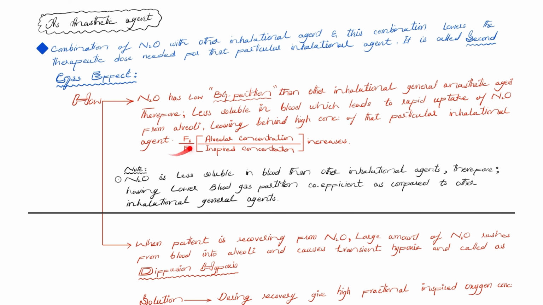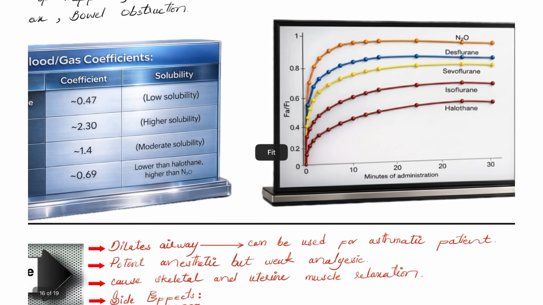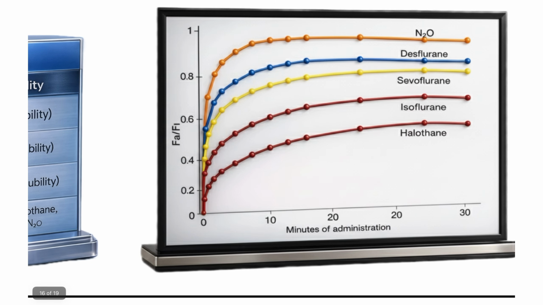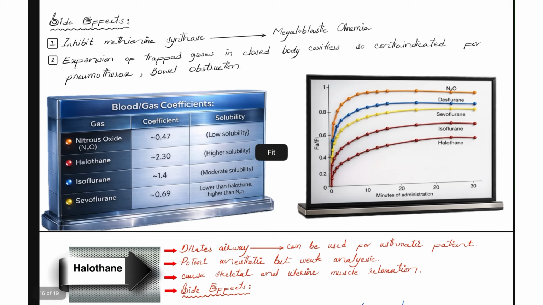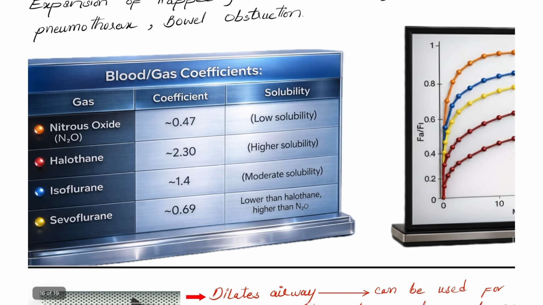Let's look at this part. The FA/FI ratio of nitrous oxide is maximum compared to the rest of the inhalational agents. And here you go, you have to look at the blood gas coefficient of nitrous oxide, which has the lowest value, and it has the lowest solubility compared to the rest of the inhalational agents.